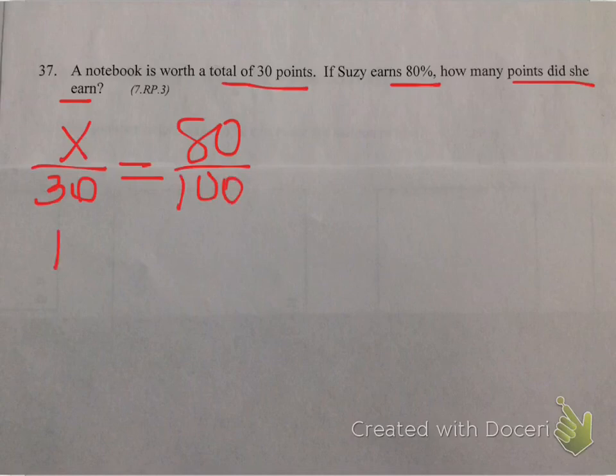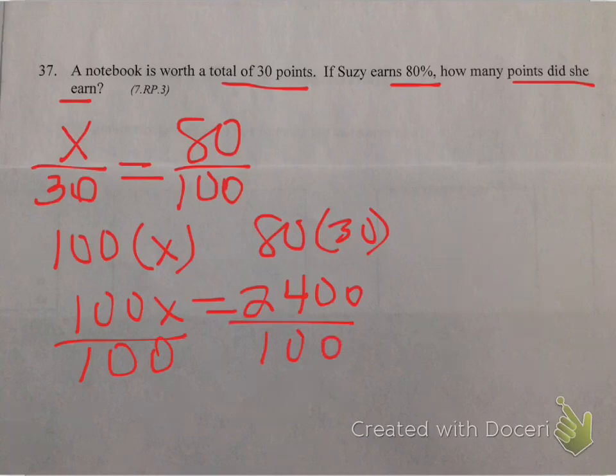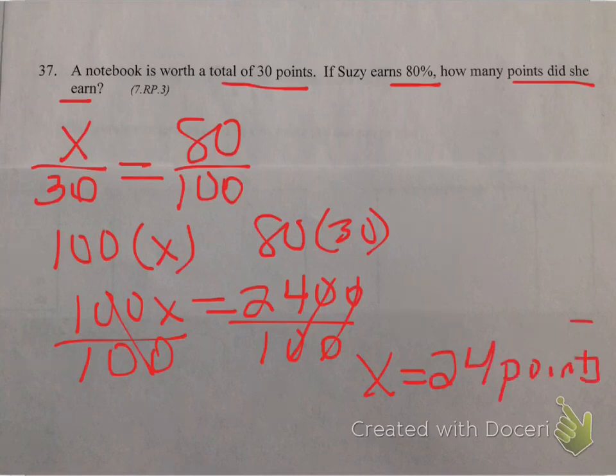Using the cross product, 100 times x is 100x, and 80 times 30 is 2,400. Divide by 100, and x equals 24 points earned.